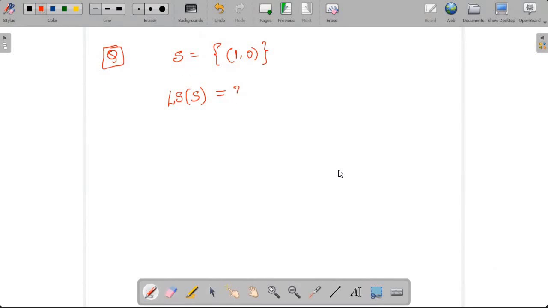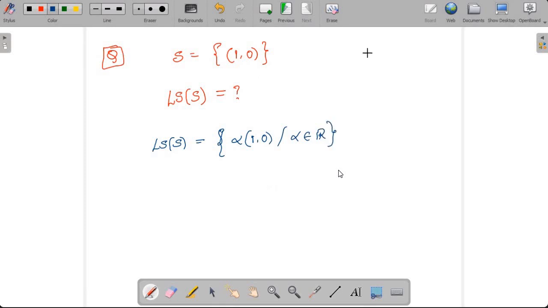As per the definition, the linear span of S is nothing but the set of all linear combinations of those elements. There is only one element, so I can simply write alpha times (1, 0) such that alpha belongs to real numbers.